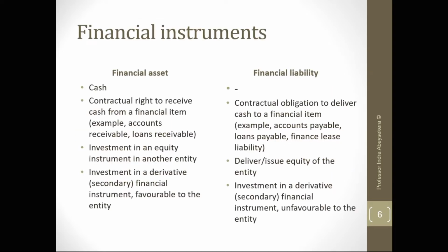So when we talk about financial assets and financial liabilities, financial assets means those items which are cash or cash equivalents, like a contractual right to receive cash, investment in equity, or investment in a second financial instrument that's favorable to the entity. Examples are accounts receivable, loans receivable, cash.